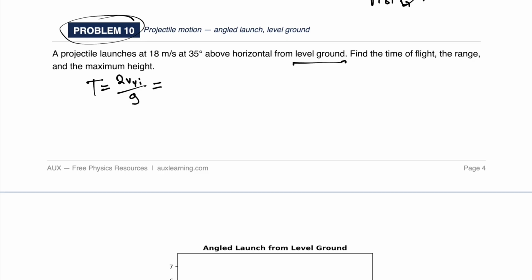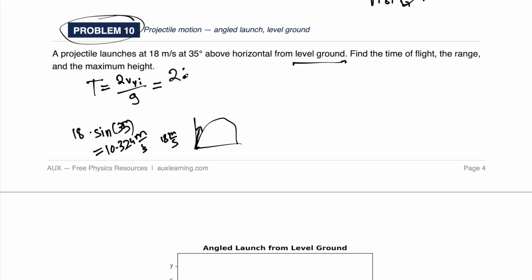So this 2vy initial. Since it launches at 18 meters per second here, the y component of that is going to be 18 times sine 35, or in other words, 10.324 meters per second. 2 times 10.324 over g, which is 9.81.